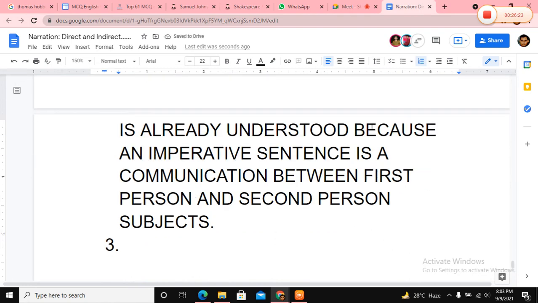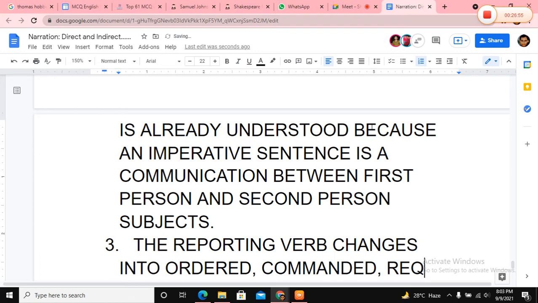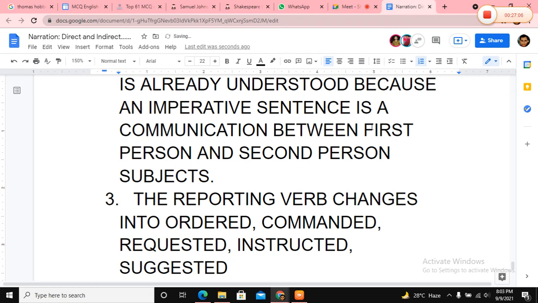Fine. Now we'll see the next rule: the reporting verb changes into ordered, commanded, requested, advised, instructed, suggested, directed, forbade, etc., as per the meaning.